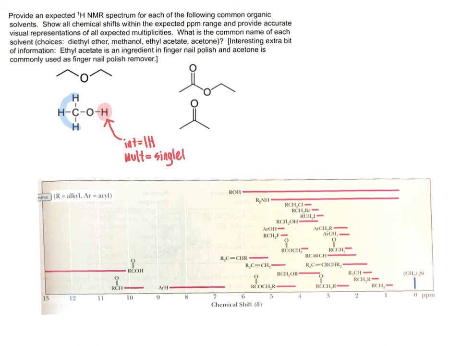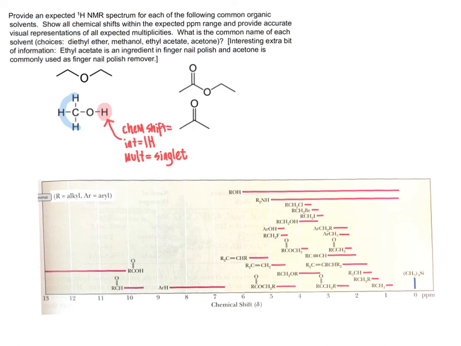And one thing that you can keep in mind as a general rule is that hydroxy group protons and protons bonded to nitrogen generally show up as singlets because this oxygen, or if there were nitrogen there, we could think of it this way too, is going to essentially block any multiplicity further down the chain. So protons that are connected to heteroatoms, meaning protons connected to oxygen or nitrogen, generally show up as singlets. So that is something to keep in mind there. And then the chemical shift of this will vary wildly.